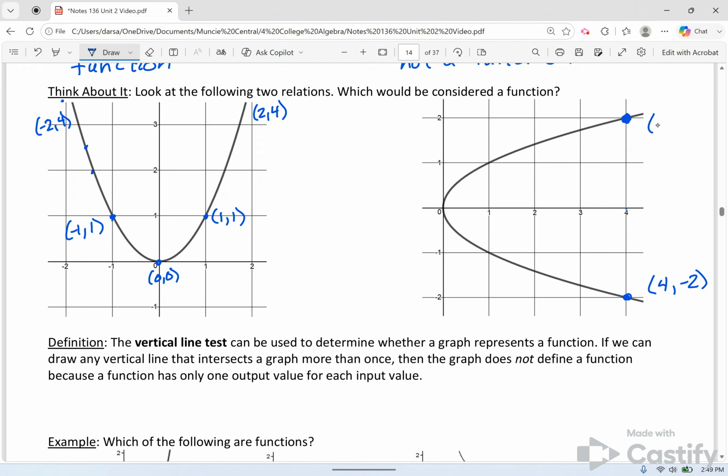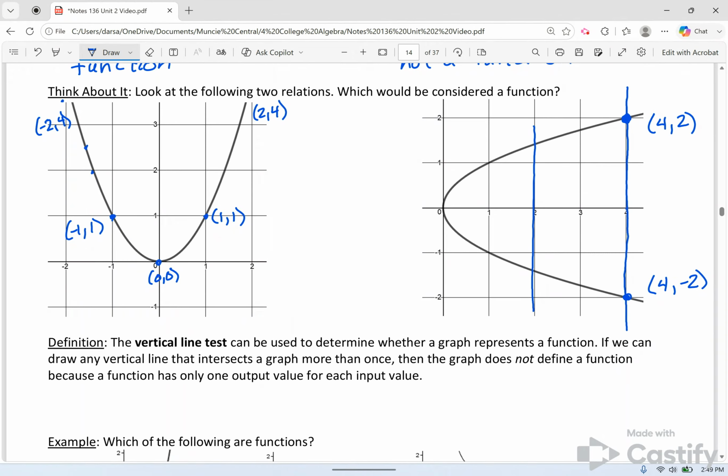You notice that I have one x with two different y's. And the way we can quickly determine that this one is not a function is that when I draw a line between these two points, notice it's a vertical line. So if you can draw a vertical line through any two points, you know that this thing is not a function.